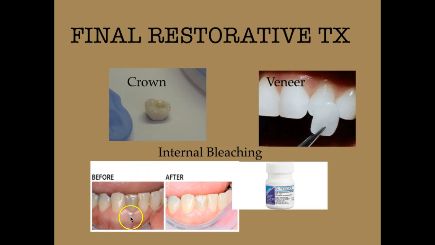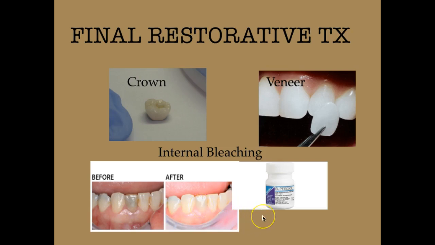Now this is an endodontically treated tooth. It has to be endodontically treated, and a bleaching compound or liquid called Superoxol, which has a high percentage of hydrogen peroxide, is placed on a little cotton pellet and then placed in the tooth. It is sealed with a temporary restoration, and then sometimes a week later or a couple of days later, the patient comes in to see if the enamel has actually changed color.